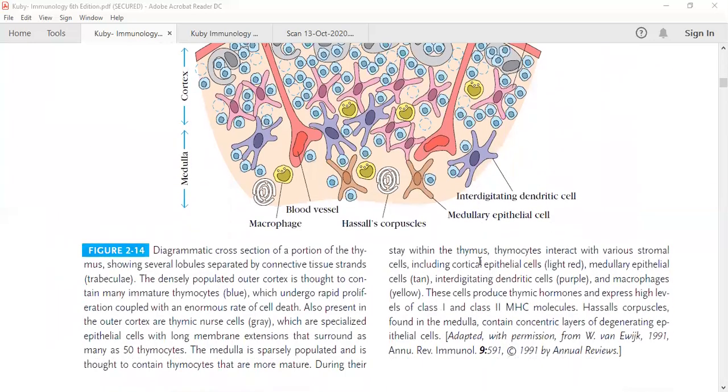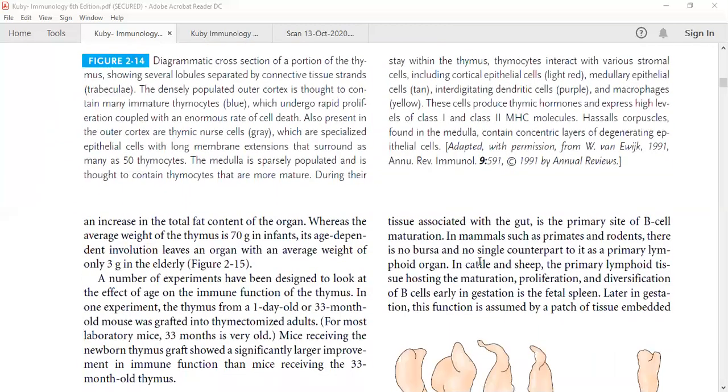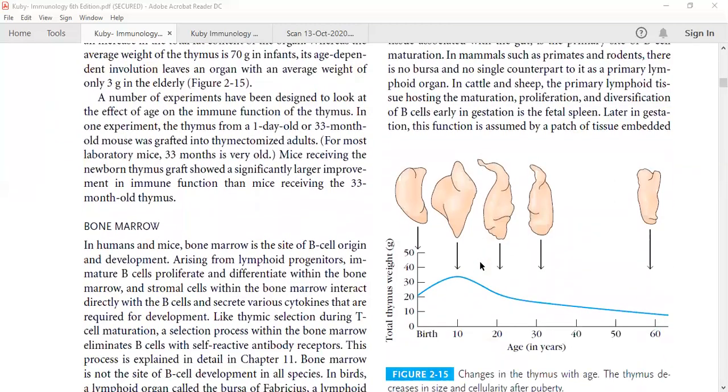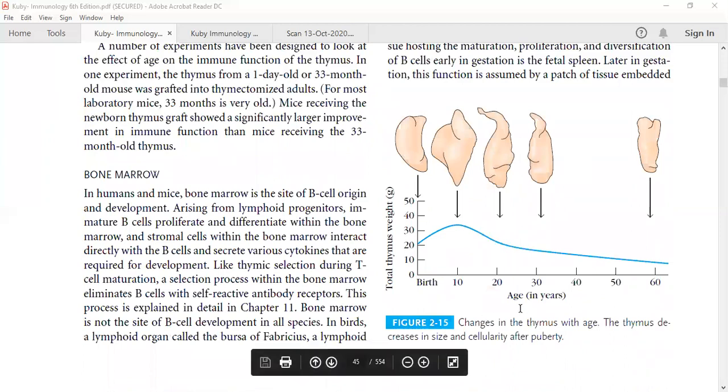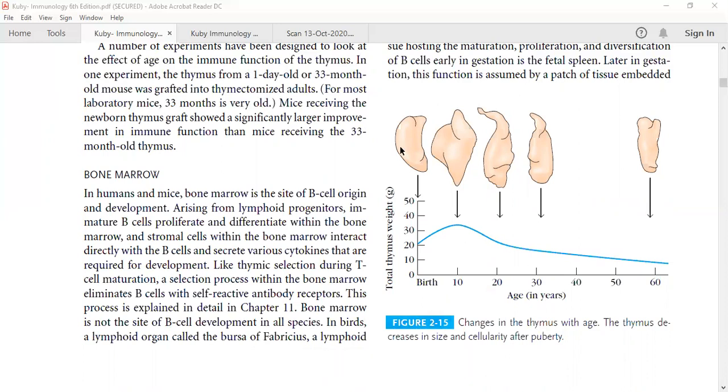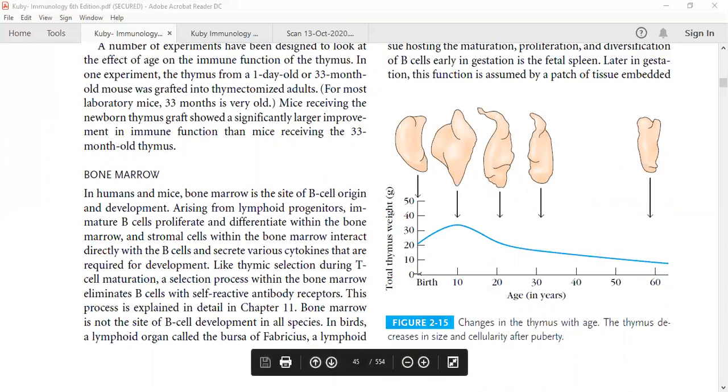Now, one more thing you need to remember from this particular text. This particular diagram is for the thymus. The thymus is not the same throughout life in humans. With age, it is found that the size of the thymus will increase initially up to the age of 10 or 12 years.